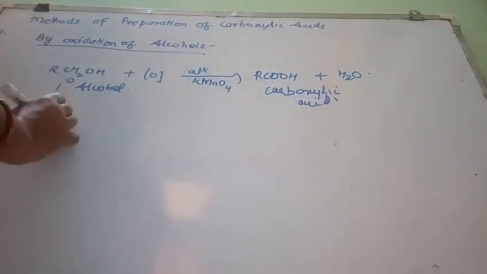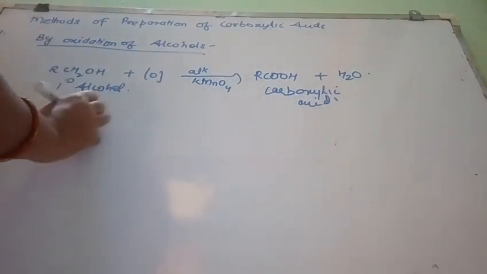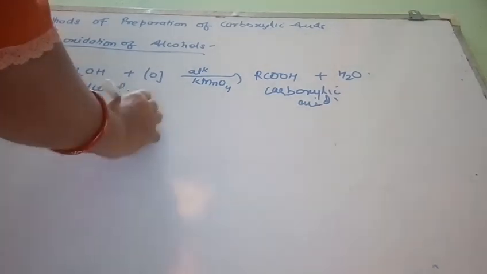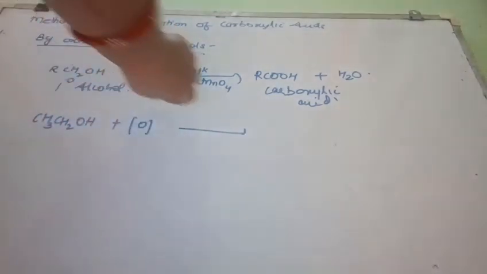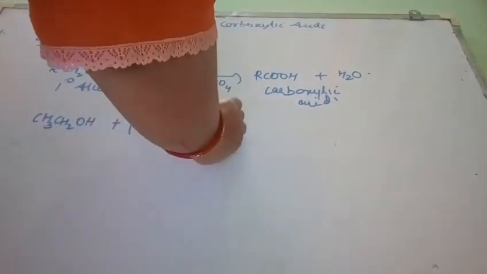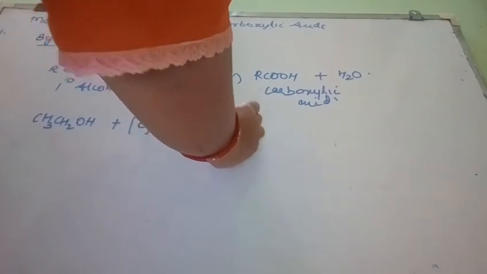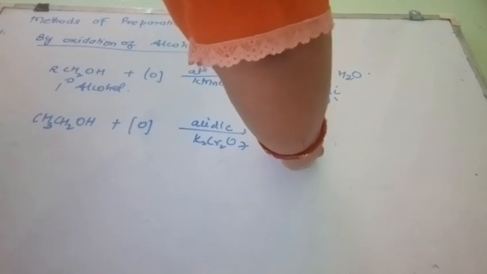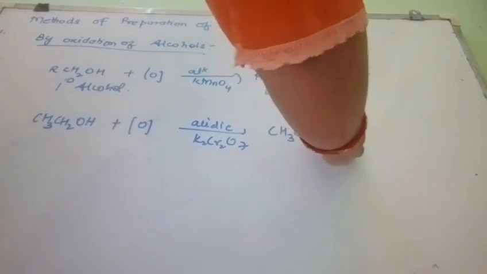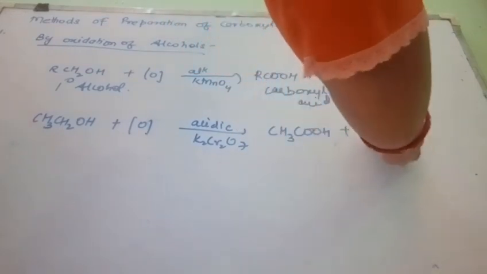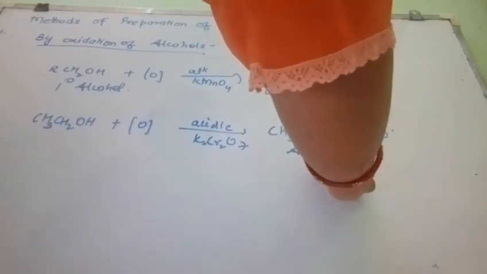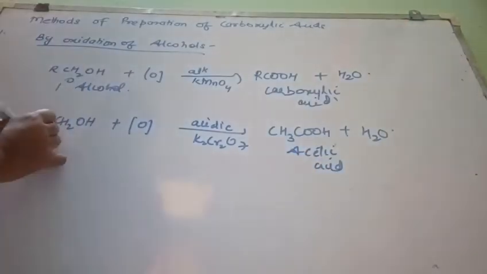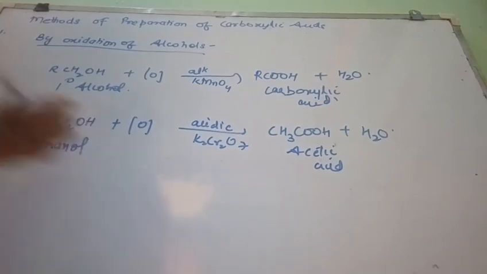Such as, if here is ethanol, when we oxidize it using alkaline potassium permanganate or acidic potassium dichromate, we will get acetic acid. In the alcohol, 2 carbons are there. Similarly, there are 2 carbons in the acid.